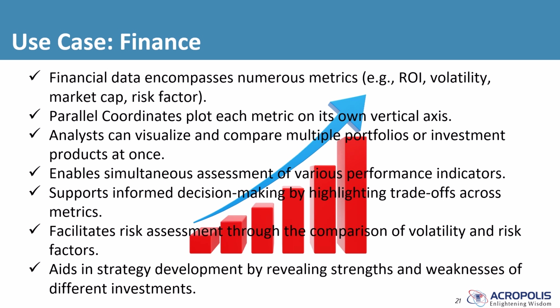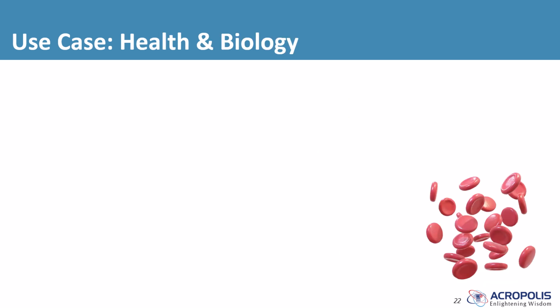It enables simultaneous assessment of various performance indicators. Supports informed decision making by highlighting trade-offs across metrics. Facilitates risk assessment through the comparison of volatility and risk factors. Aids in strategy development by revealing the strengths and weaknesses of different investments.